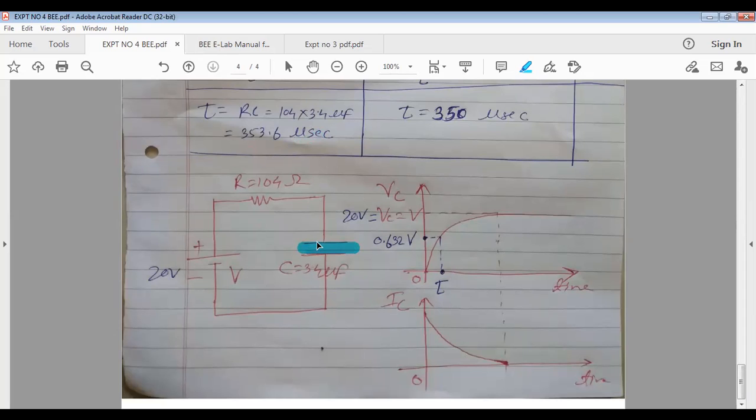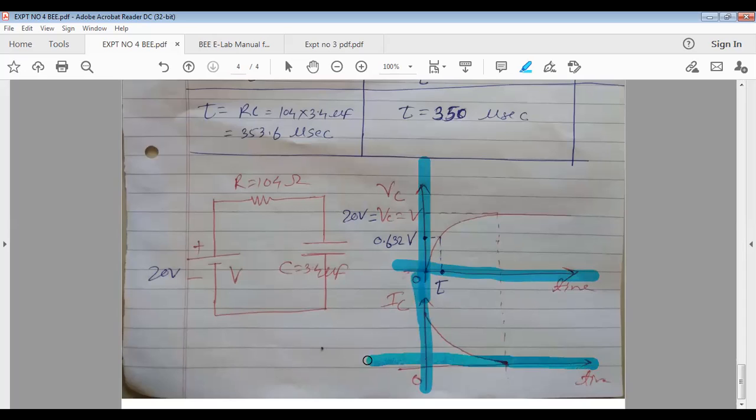Q is equal to CV, meaning the voltage across the capacitor is 0 the moment you switch on, because it's a fully discharged capacitor. Along the y-axis is the voltage across the capacitor, along the x-axis is time. In the second graph, along the y-axis is the current flowing through the circuit during charging, and along the x-axis is time.